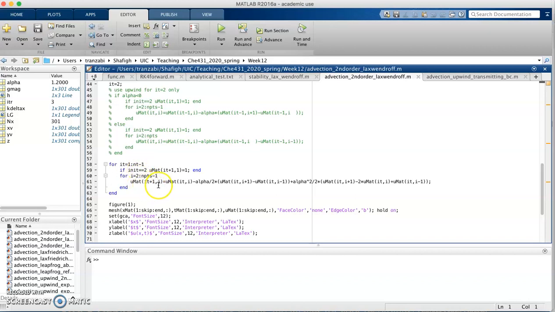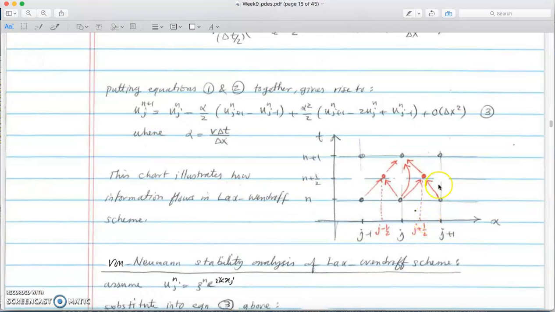This is u at n plus 1 at x_j is equal to u at n at x_j, and then we had the average term over here. So that's the second order in alpha, and then we had a term with first order in alpha times u at j minus 1, j plus 1, j minus 1. So that's exactly corresponding to this equation.